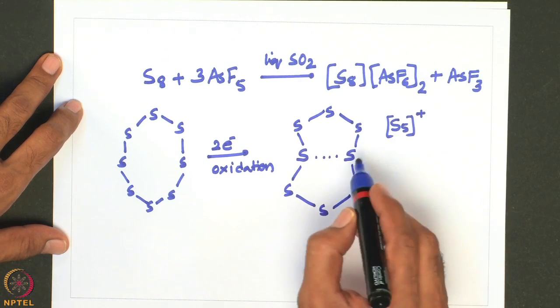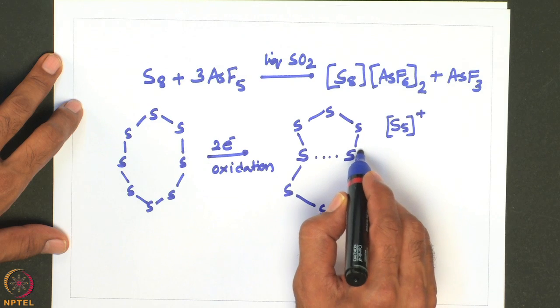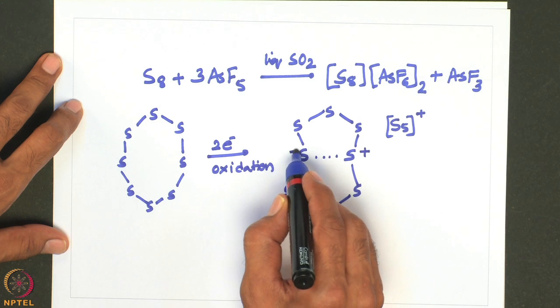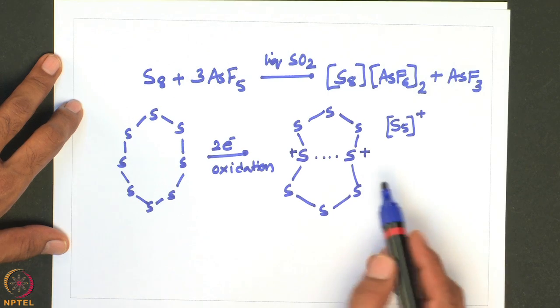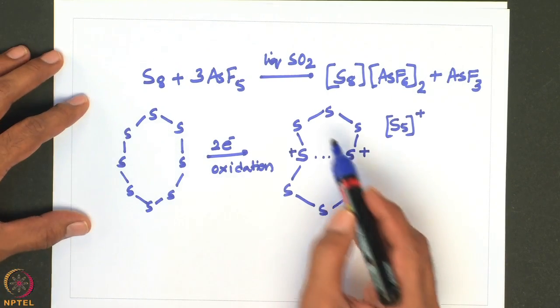Here, in one of the resonance structures if I write, 2 sulfurs will have positive charge, and it is very interesting to compare the bond parameters.